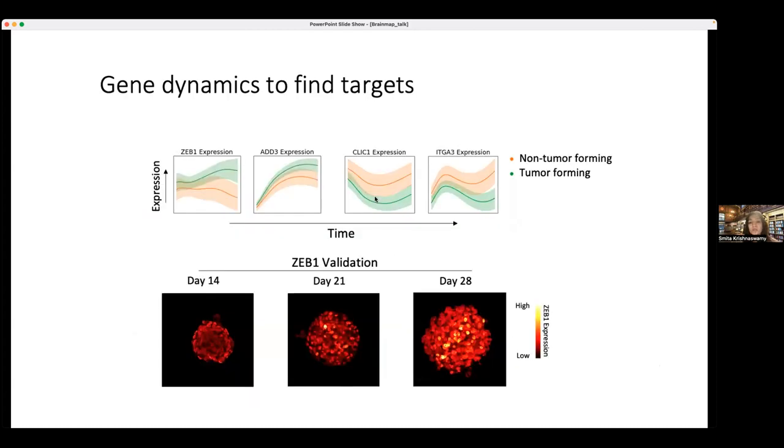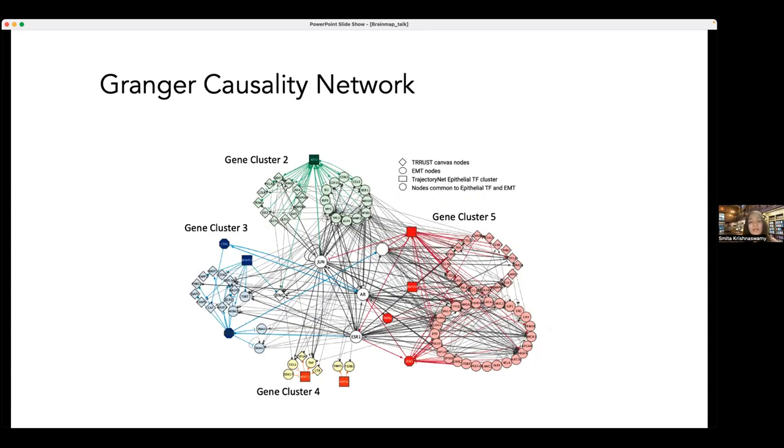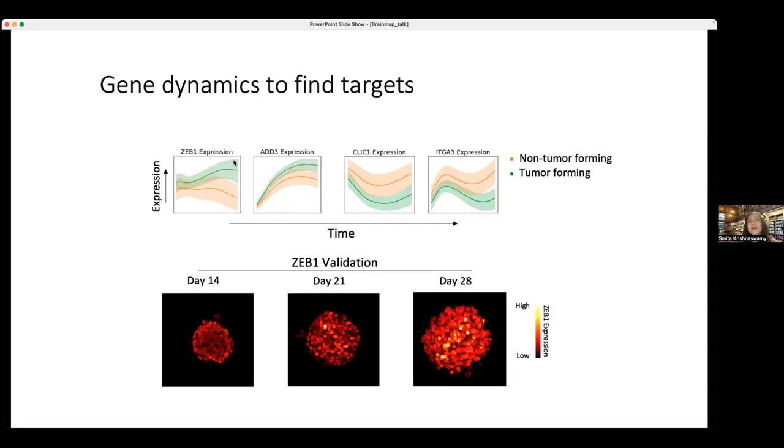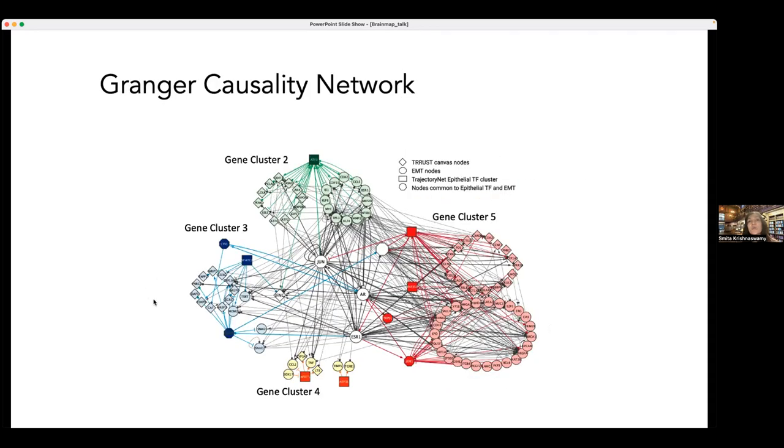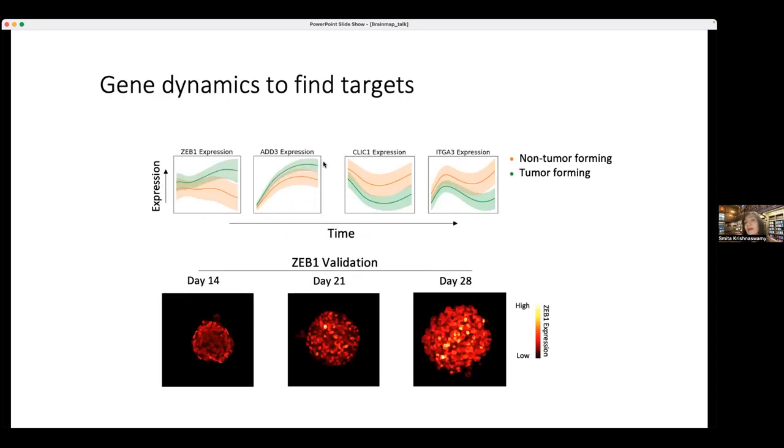And then what you can do is, because these trajectories are summarizations of your high-dimensional state space, you can use the decoder of that autoencoder to go back to the gene expression space and see how the dynamics of each gene are very different between tumor-forming and non-tumor-forming lineages. So we could do that in disease. And this gives you kind of a dynamic way of also trying to say which gene might be upregulating the next one, because now suddenly you have timed gene trends.